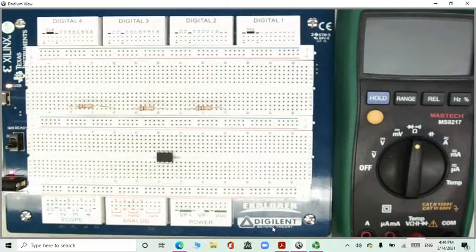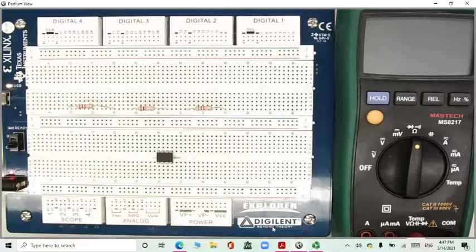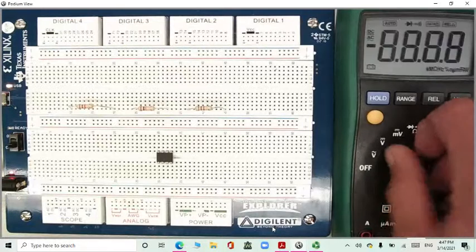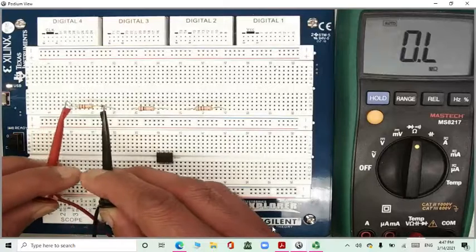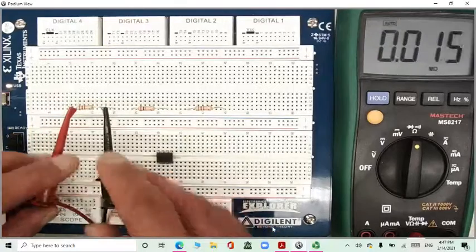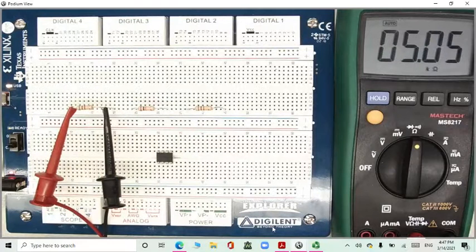This is R1. We should measure and record our resistors because we are going to use them to find our gain.